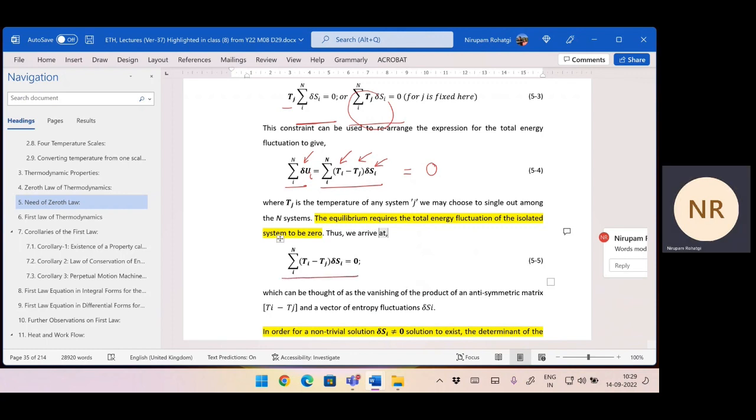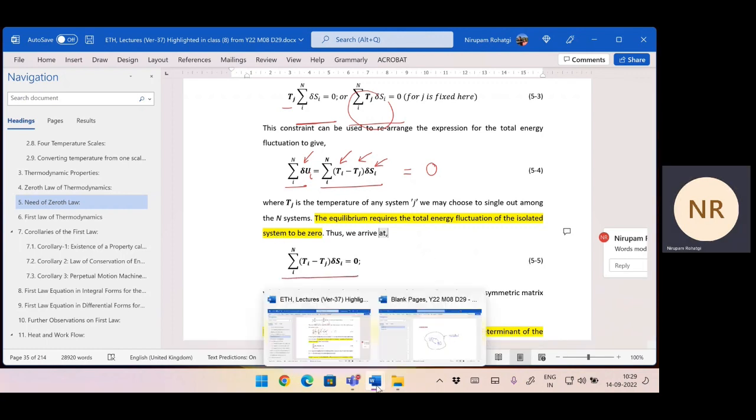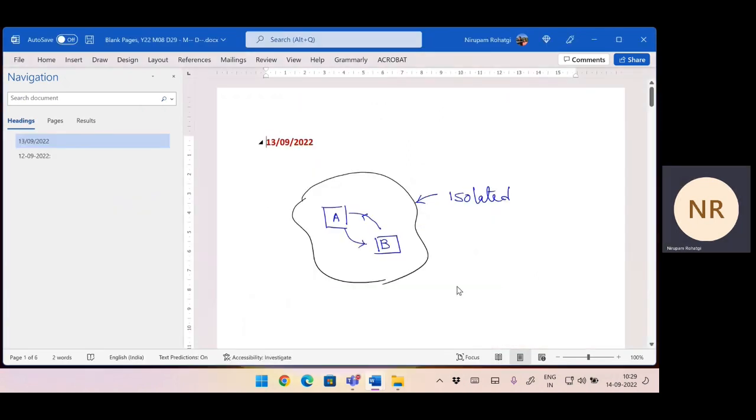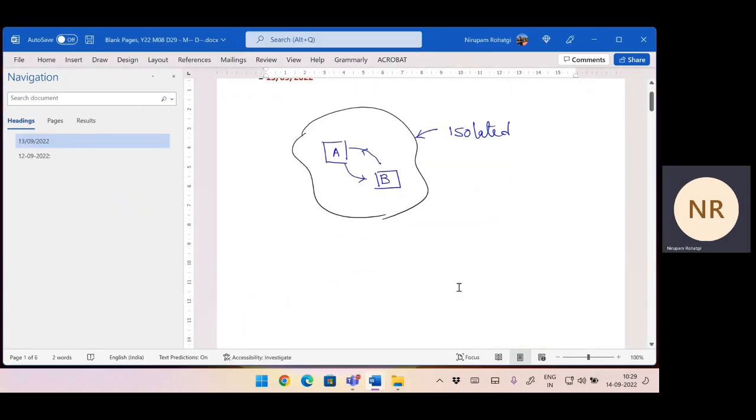So if we write it like this, let me write here. One is sigma del Ui, and your sigma over i is equal to 0. This will be 0 because no energy is coming from outside. So if you sum up the change in internal energy of all the bodies, then it will be equal to 0.